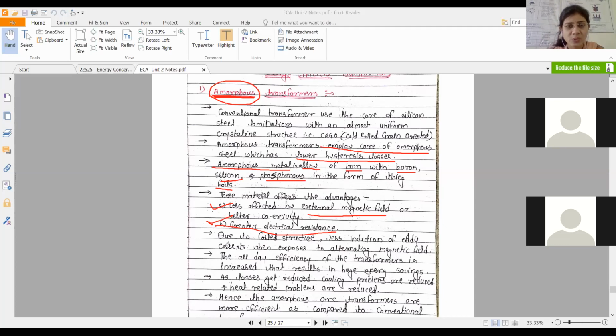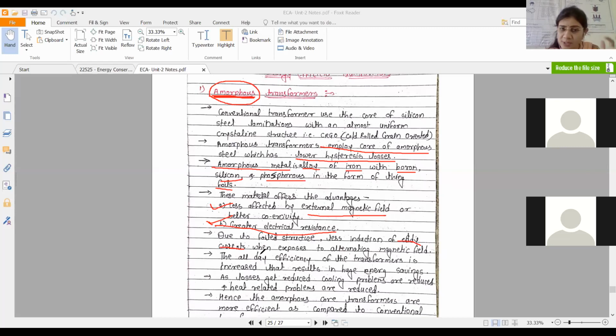Okay, so due to foil structure, there is less induction of eddy currents when exposed to alternating magnetic field. Eddy current जे आहे, so that eddy current will be generated less. Okay, the all-day efficiency of transformer is increased and that results in energy saving.